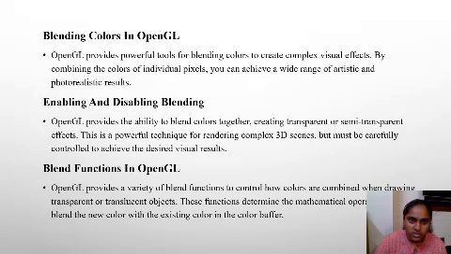By combining the colors of individual pixels, you can achieve a wide range of artistic and photorealistic results. Enabling and disabling blending: OpenGL provides the ability to blend colors together, creating transparent or semi-transparent effects. This is a powerful technique for rendering complex 3D scenes but must be carefully controlled to achieve the desired visual results.